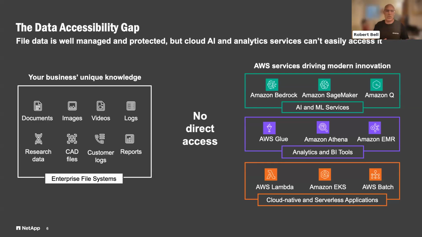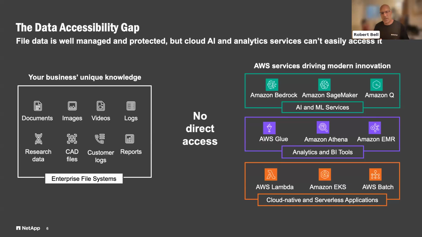Depending on which industry you're in, whether it's information coming from sensors or from logs or from documentation files, product files, engineering files, customer calls, whatever it is, there are lots of these files being generated, and that is a unique fingerprint of the organization. A lot of the time it's in file systems. And then, on the other hand, you've got the services that are driving innovation: AI and machine learning services like Amazon Bedrock and SageMaker.